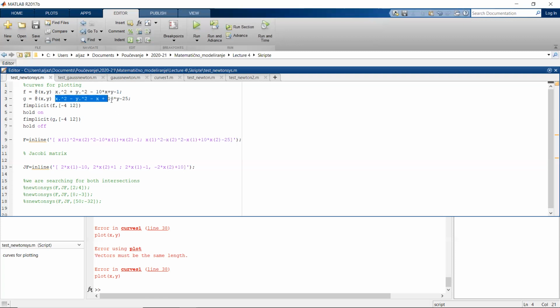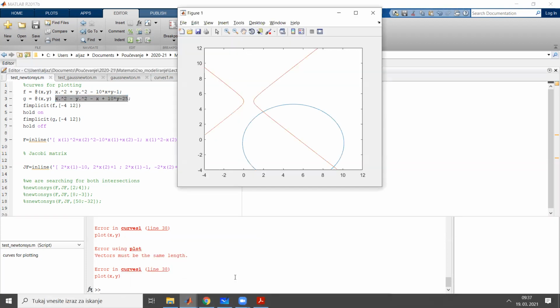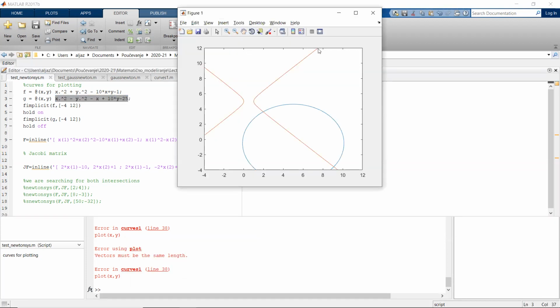If you look at the second one, then we would get x minus 1/2 squared minus y plus 5 squared, so it would be a hyperbola. And this is this red one.